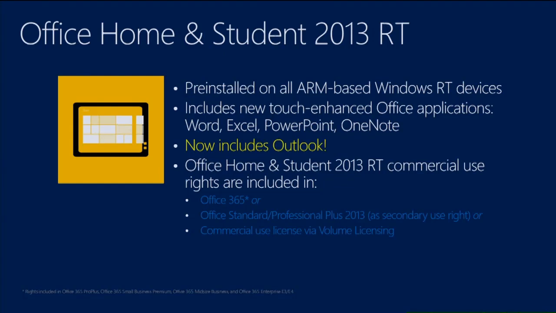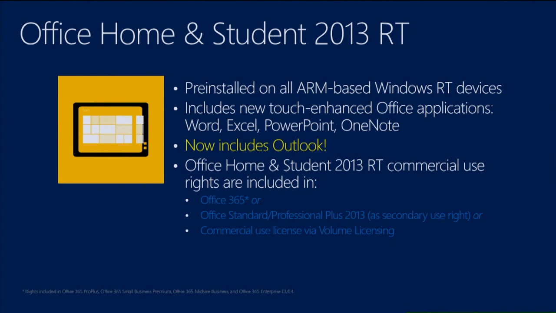Now, to run this, it's included by default, but because it's Office Home and Student, it's licensed for personal use. It's not licensed for enterprise use. It's not licensed to do work. So in order to satisfy that requirement, you had to have commercial use rights. Fortunately, commercial use rights are included in a variety of licensing programs.